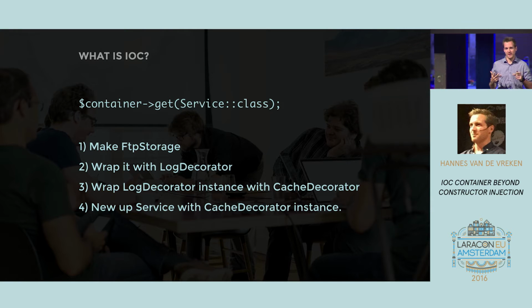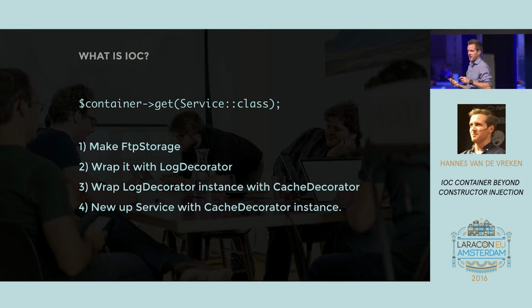It depends on your needs if you're going to wrap it with the cache decorator or the log decorator first. If you want to log only when the actual FTP server is called, then you want to wrap that first before wrapping it with the cache decorator.